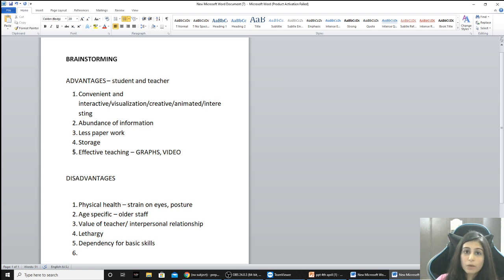So Dev has come with a great explanation. If you put that particular point into a good sentence, it'll come out as a very effective point. So unsupervised use of computers can lead to distractions in students, and that would waste their time, lower the efficiency, and lead to poor academic scores or poor performance in your school examinations.